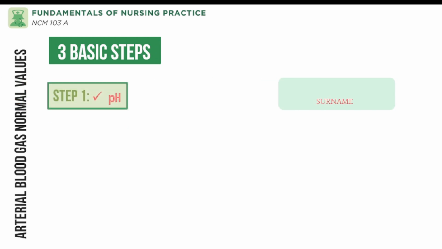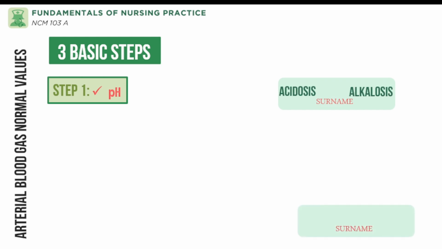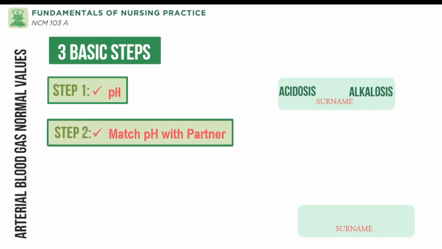For step number 1, check your pH. When we check your pH, this would give you 2 possible answers: acidosis or alkalosis. So your pH would now become your surname. Next, match the pH with its partner.